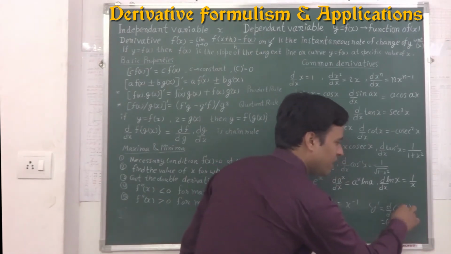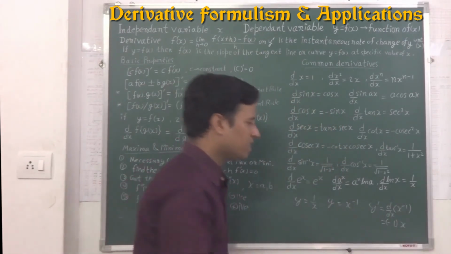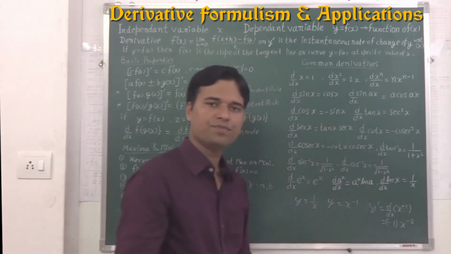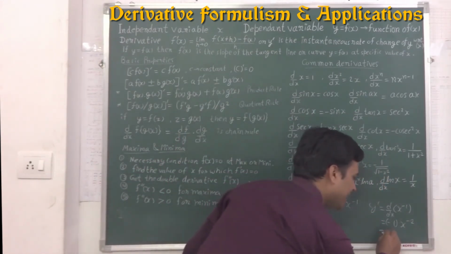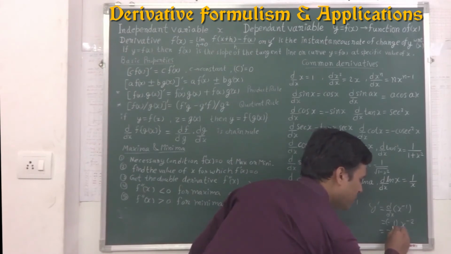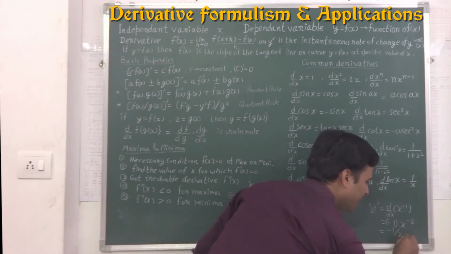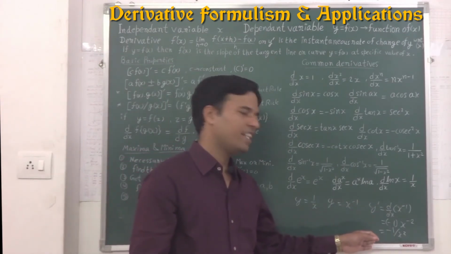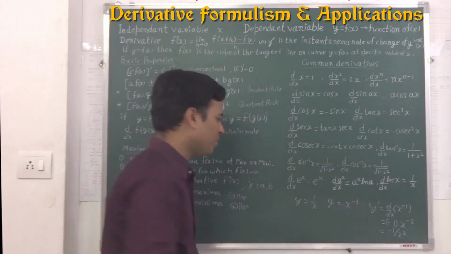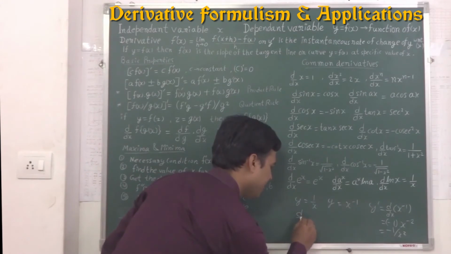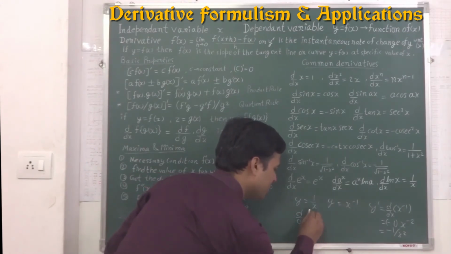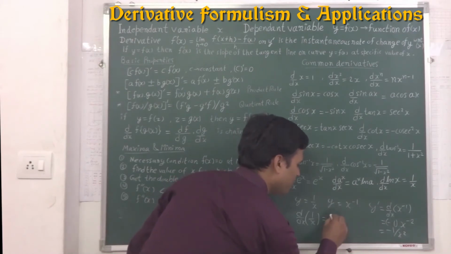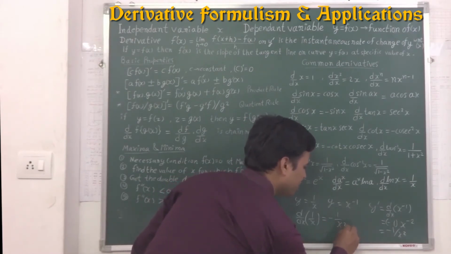So minus 1, then you will have x power minus 2, or you can write it as minus 1 upon x square. It is the first derivative of 1 upon x. d upon dx of 1 upon x is equal to minus 1 upon x square.